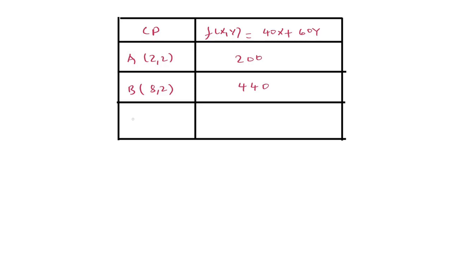The next point is point C with (2, 8), and the value here is going to be 560. Okay, so now from the table, we can see that point C gives the maximum value of the function. Therefore, Zelda must buy 2 oranges and 8 mangoes for the shop owner to realize the maximum profit.